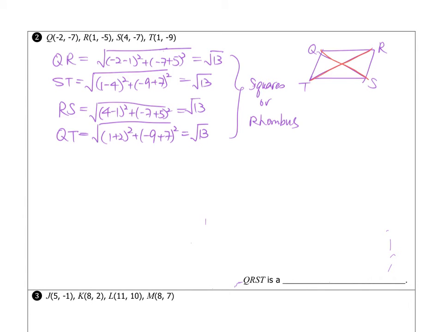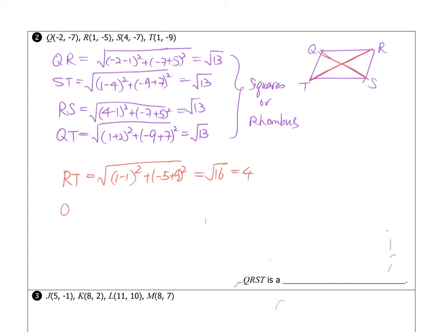So if I have to calculate the diagonal, as you can tell from the graph, RT, and you use distance formula again, 4 minus 1 squared plus -5 minus -9 is plus 9. So I should have 16. Is this 16? Yeah, so root 16, and I should have 4 here.